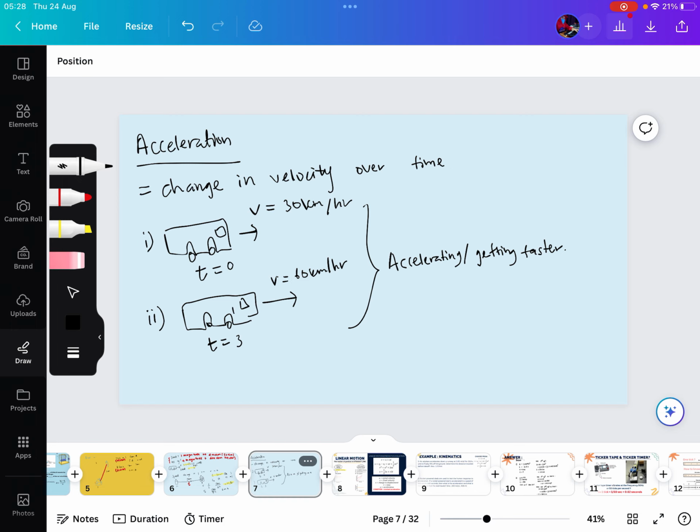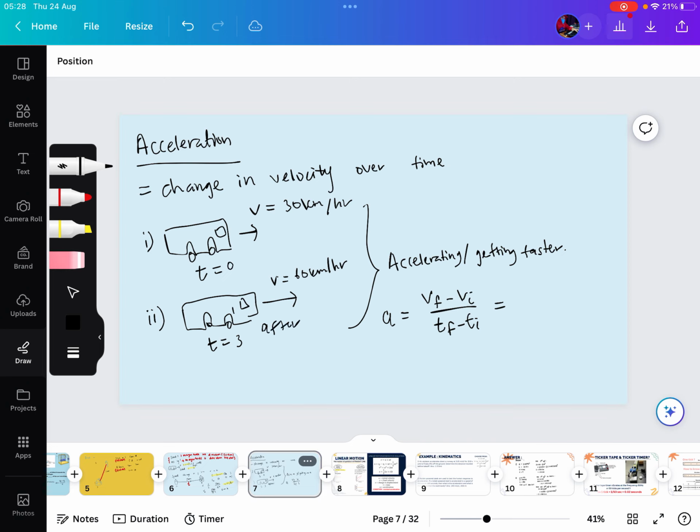So that's why the formula for acceleration A is change in velocity, which is v final minus v initial, over change in time, t final minus t initial. So let's calculate the change in velocity over time, or acceleration.